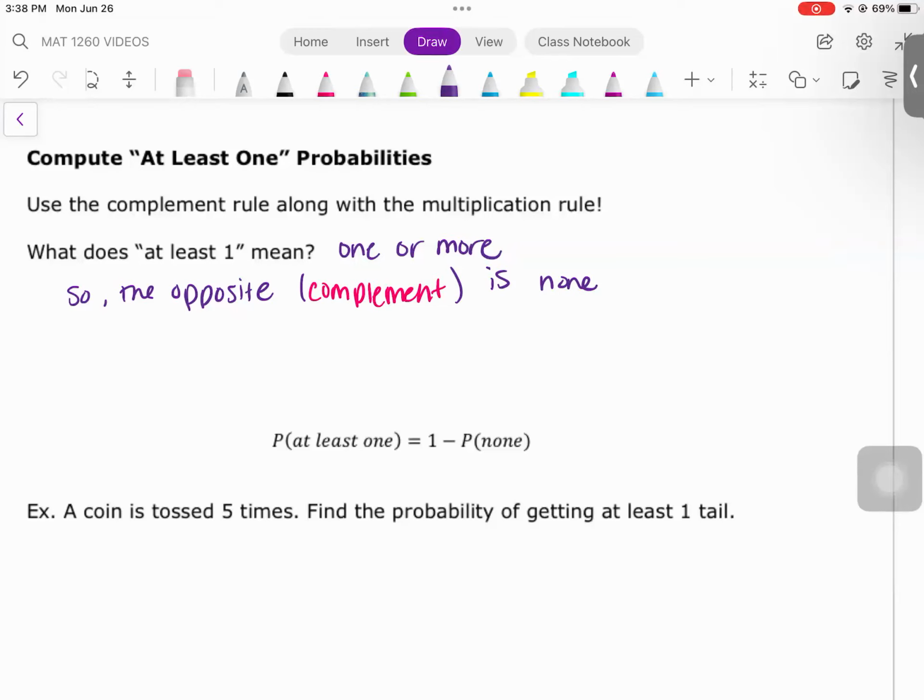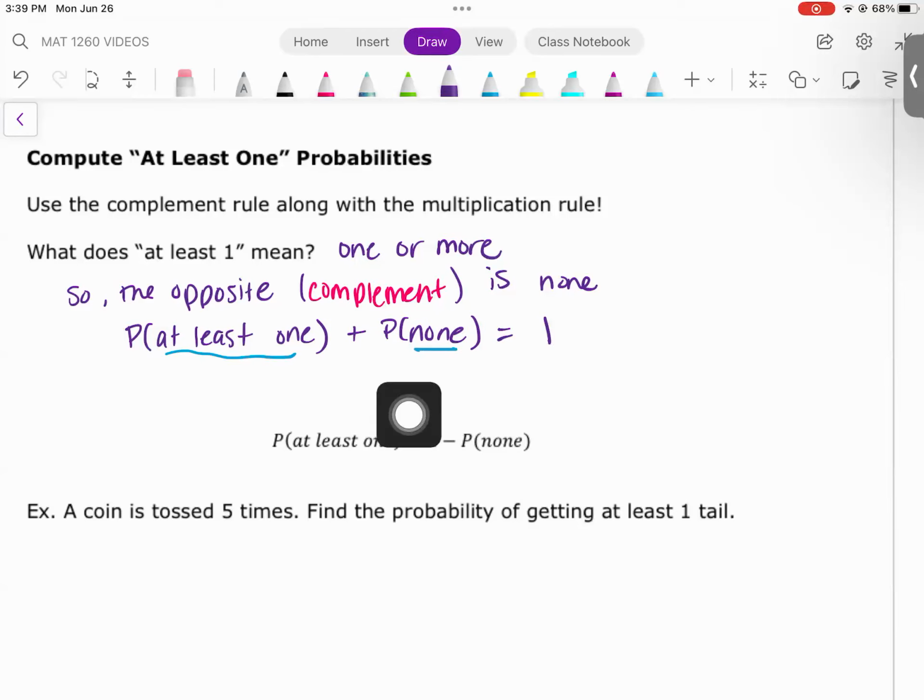Using the complement rule that we learned in a previous video, we know that the probability of an event plus its complement equals 1. Here our events are "at least 1" and "none". These two are complements, so we know that sum is 1.